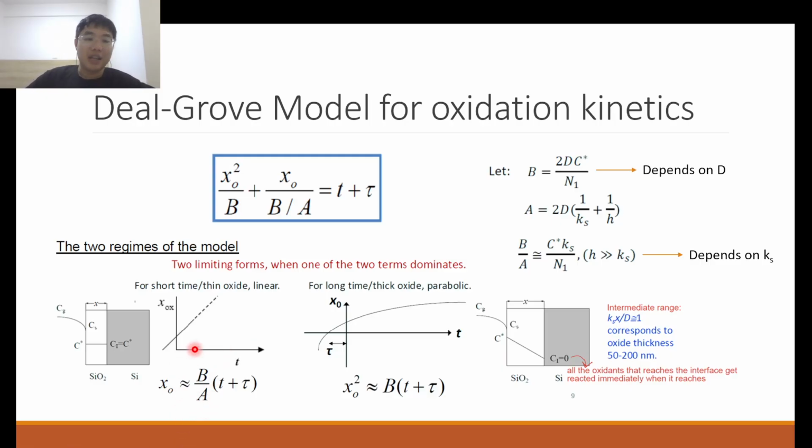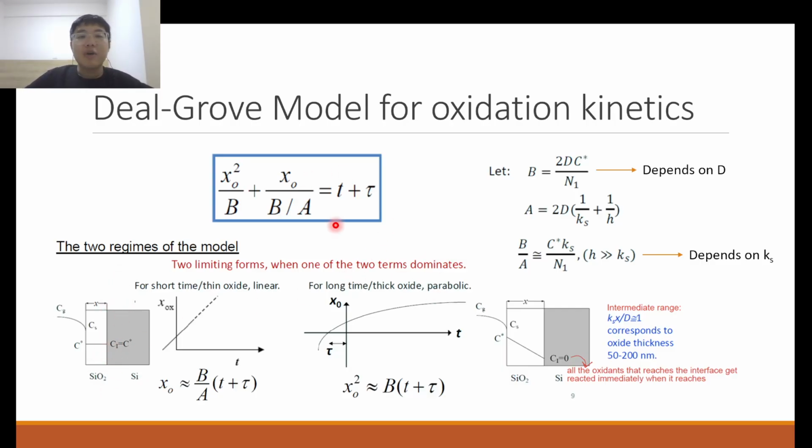The constant of this relationship is a surface reaction dependent constant only, not dependent on diffusivity. So you can call this the surface controlled regime. When your oxide is so small, the diffusion time through the oxide is negligible, and what really determines the rate of oxidation or the rate of growth of the oxide layer is the reaction occurring at the interface.